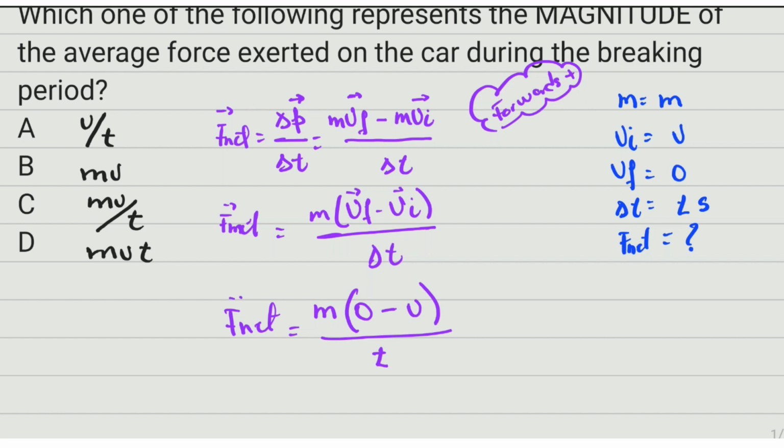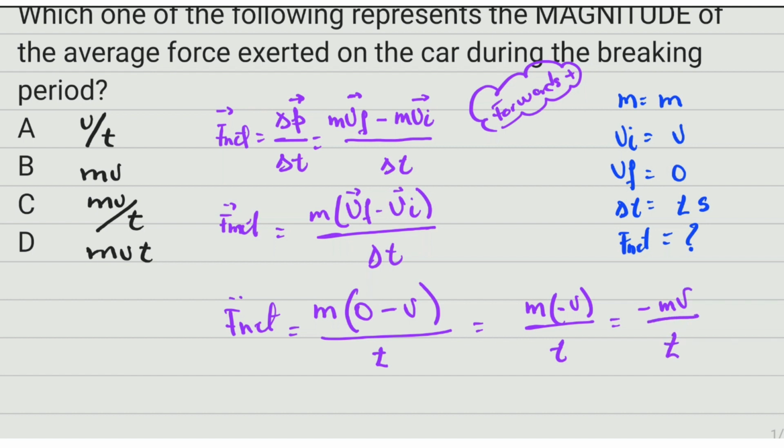Make sure you can see the difference: 0 minus v gives m times minus v divided by t, which is minus mv over t.